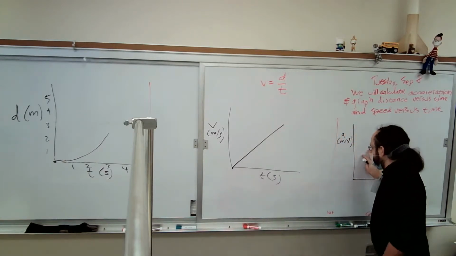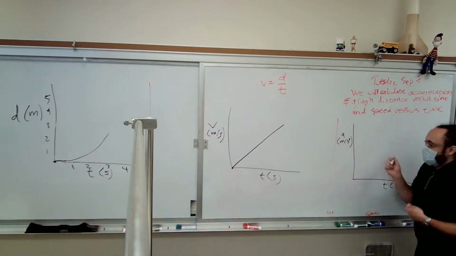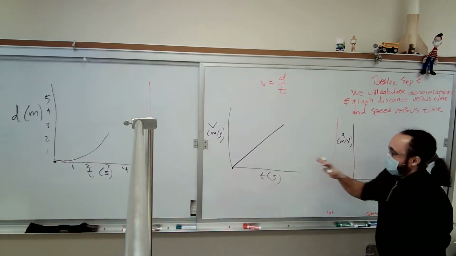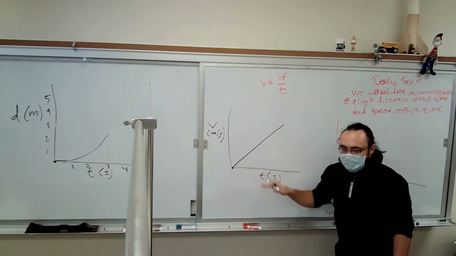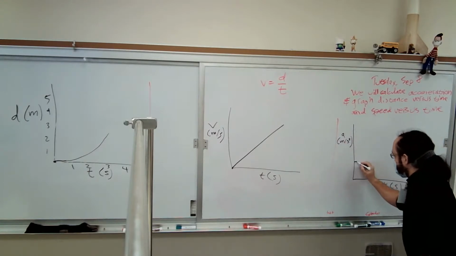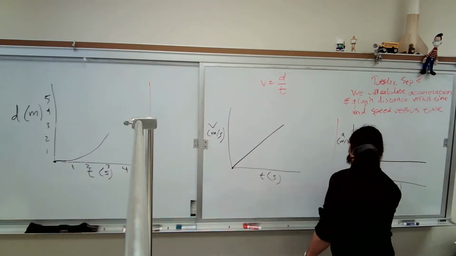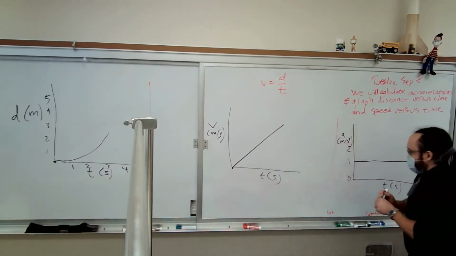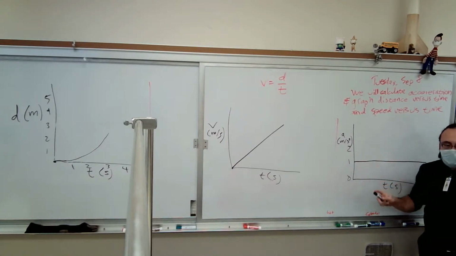And your acceleration graph, we're never going to have anything on the acceleration graph except for a flat line. This shows that the speed was increasing, and we could look at how much it's increasing per second. Y'all are calculating this on this lab, but it's going to increase at that same amount the whole time. So let's say that yours increased at 1 meter per second every second.